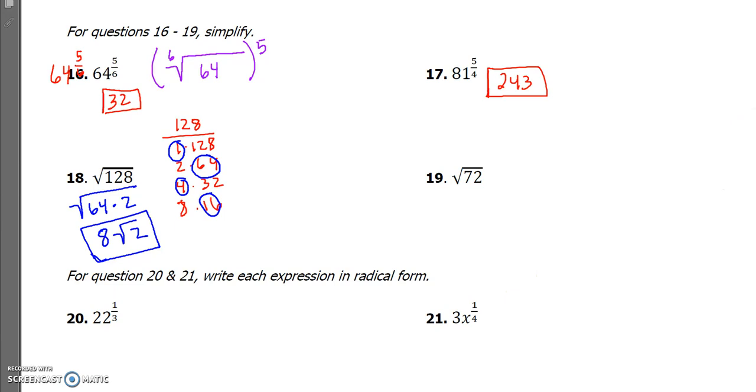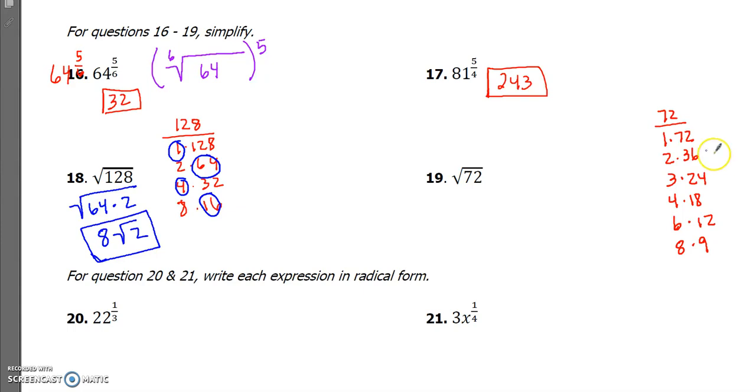Okay, let's try 72. If I list all the factors of 72: 1 times 72, 2 times 36, 3 times 24, 4 times 18, 6 times 12, 8 times 9. I think that's all.